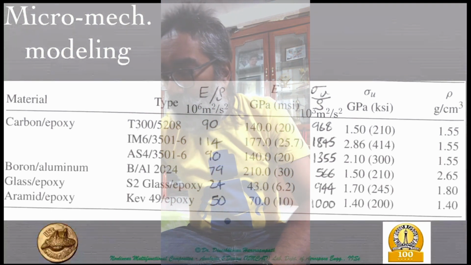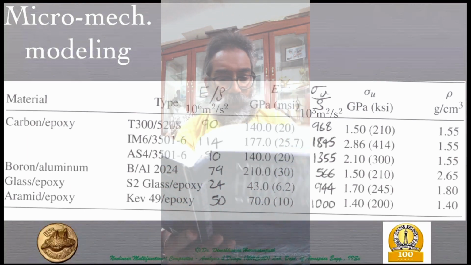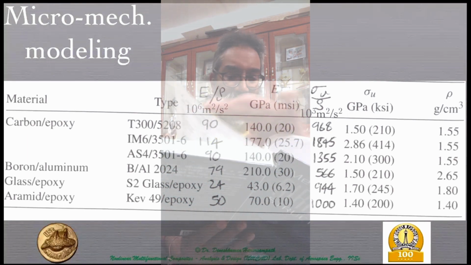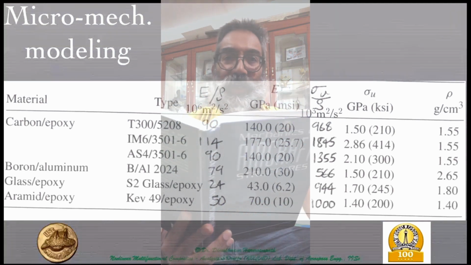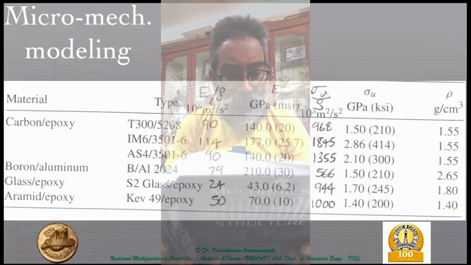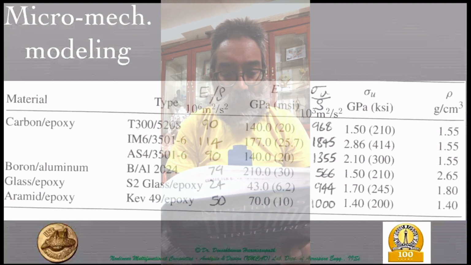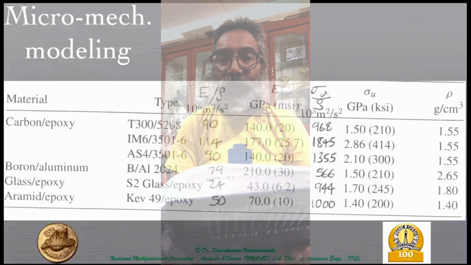So let's just compare that with what you have in your textbook for the conventional metallic alloys, which are used with aerospace structures, aluminium, titanium, and steel. Two typical aluminium alloys are used.